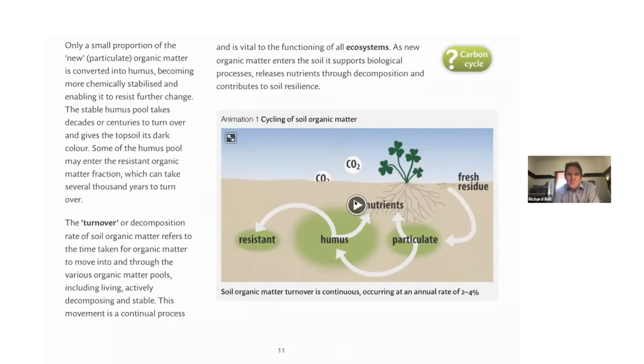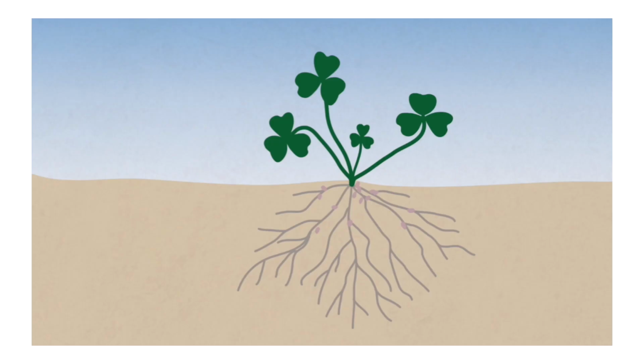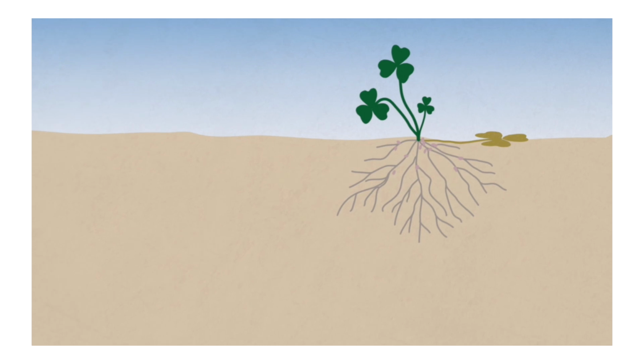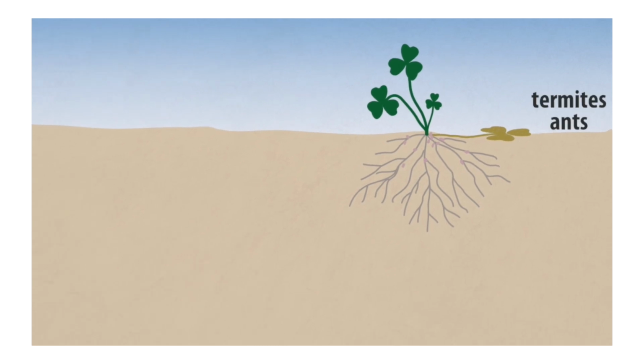Soil organic matter cycles continuously between its living, actively decomposing, and more stable fractions. When plants and animals die, they are decomposed to become part of the soil organic matter. Soil organisms fragment and consume organic residues, gaining energy to grow and reproduce.